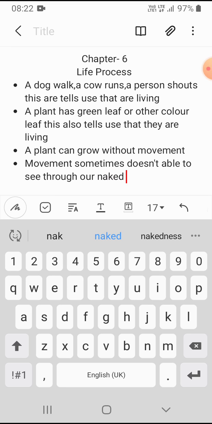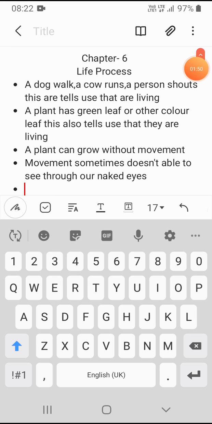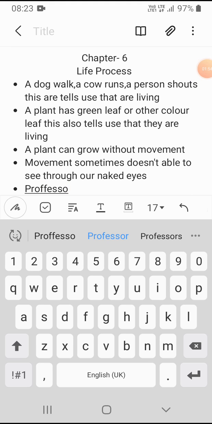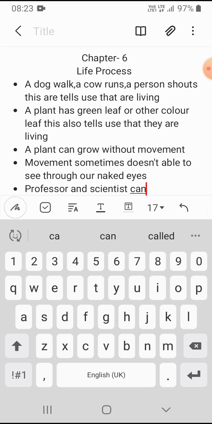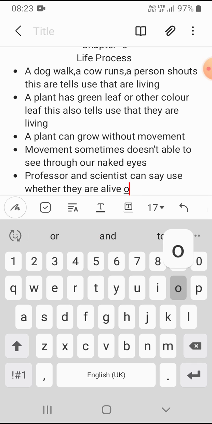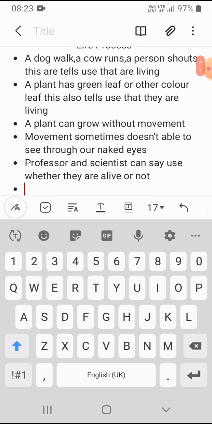So scientists can tell us whether they are alive or not.